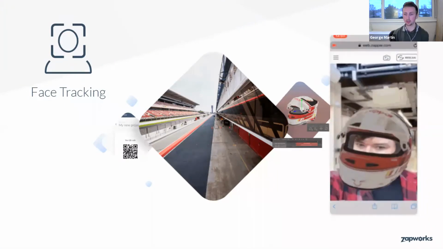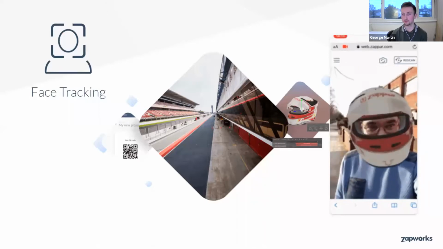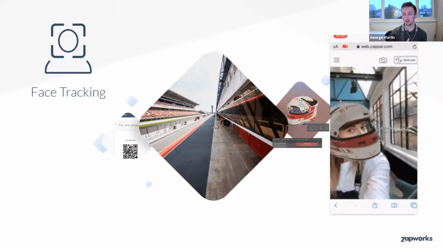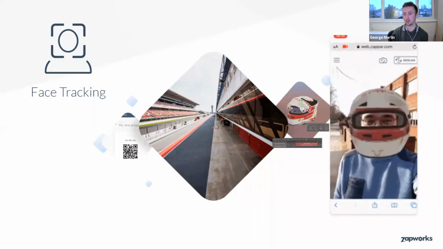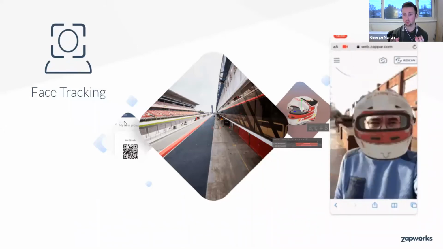The first one I'm going to look at is face tracking, and it's quite self-explanatory, and it's used across many different apps. Obviously, the big ones are Snapchat and Instagram at the moment. Face tracking is the ability to track 3D or 2D content to the user's face.